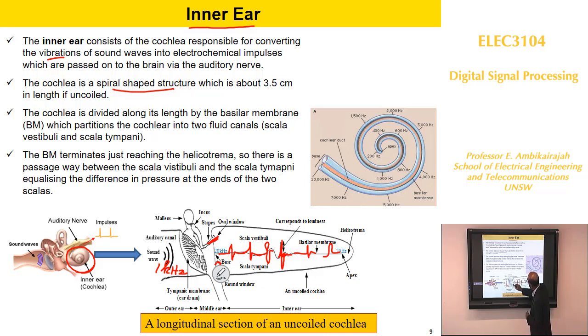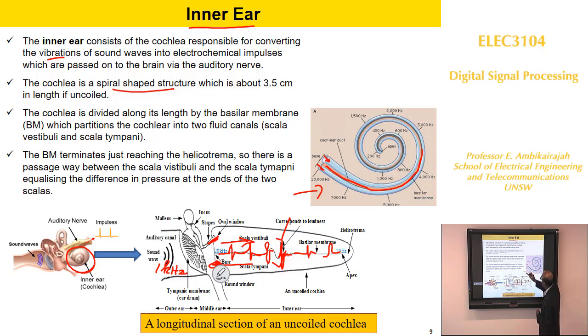And at this point it's called the round window. When you push the liquid in that direction, this will push that way. That's how it balances the pressure. And you can see when you uncoil this cochlea, it's like this, and that's the top part, that's the bottom part, and that's your membrane, the sensitive resonating membrane.